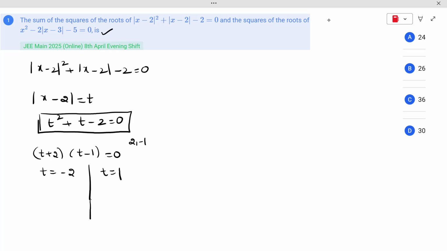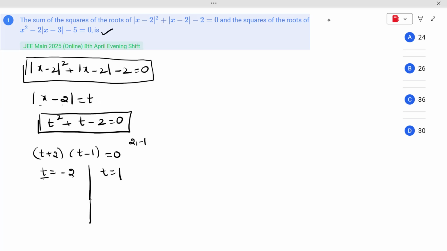Now our intention is to find the roots of this equation. What do we mean by the roots? The values of x are nothing but the roots of this equation. When I get t = -2, what did I take t as? I took t as |x - 2|.